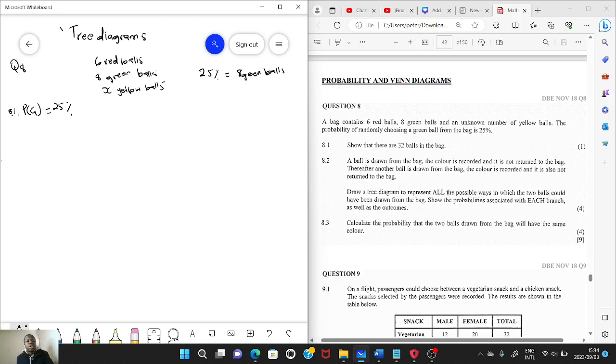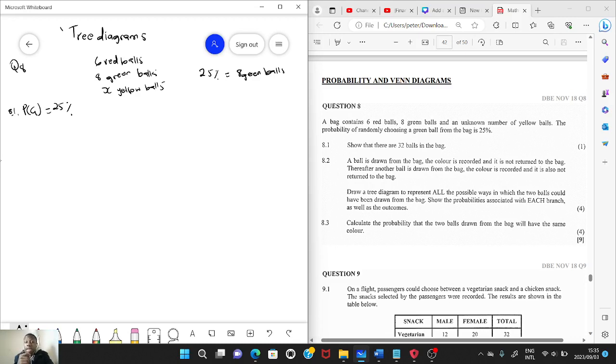So how? We know that 25% is the probability of choosing a green ball, which means that 25% of the balls in the bag are green balls, and we were given the number of green balls. So what do we do? Before we conclude, we were not given the number of yellow balls, right?